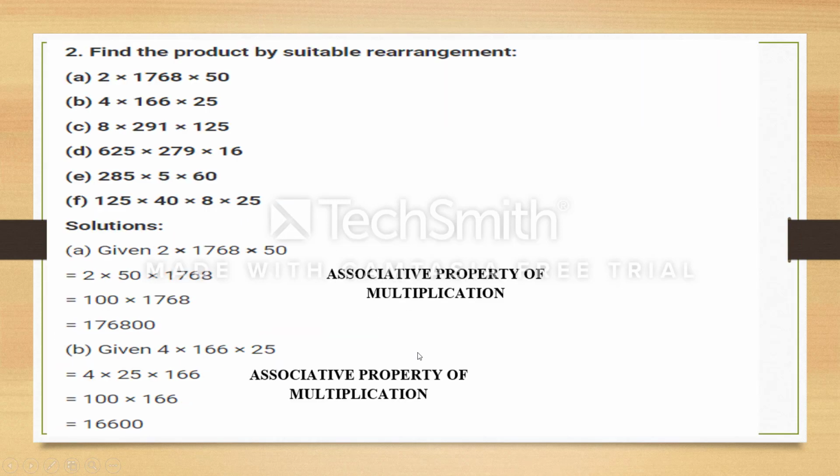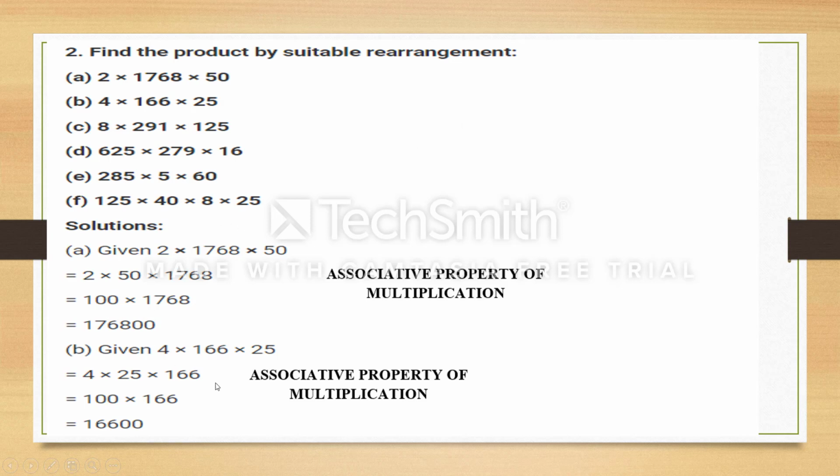Now similarly, children, for question number 2, we are supposed to perform multiplication, and here also we have more than two numbers. So here again we will have to write down the associative property. Commutative we would have written only if we have two numbers. The commutative property for multiplication is a into b equals b into a.